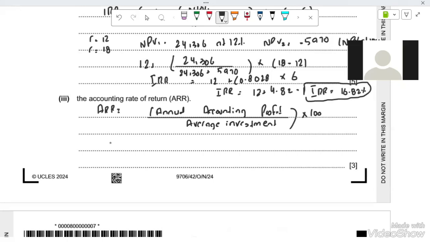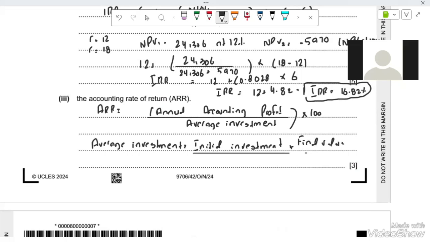To find the average investment, average investment is equal to initial investment plus final value, divided by 2.